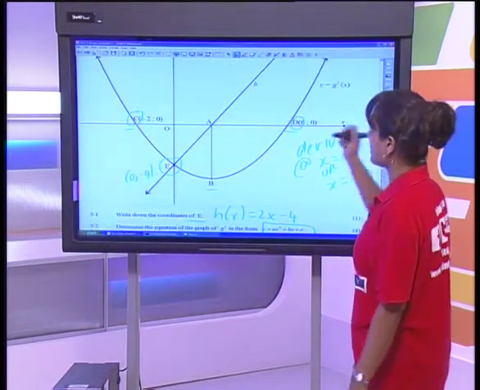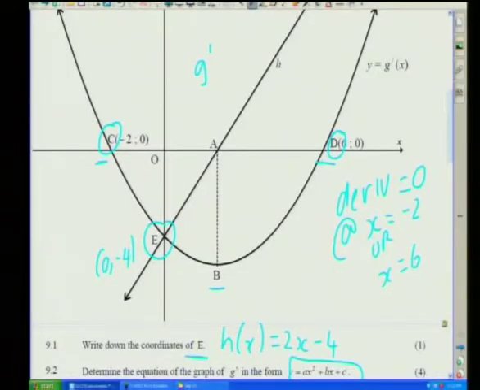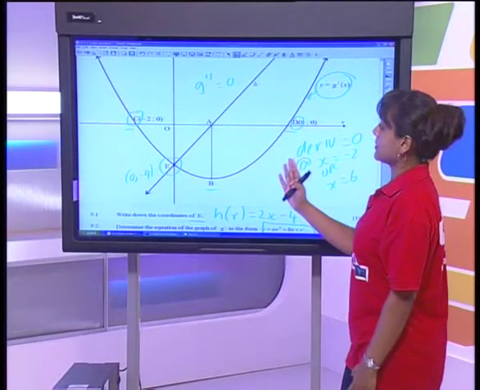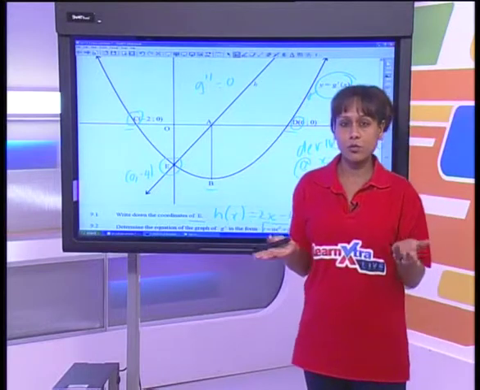Remember, point of inflection is where your second derivative is equal to 0. If we interpret that in terms of the graph that we've got, this is your graph of the derivative. If I were to differentiate this graph again, that would be your second derivative. But your point of inflection is where the second derivative is equal to 0. And on this parabola, where is the second derivative equal to 0?